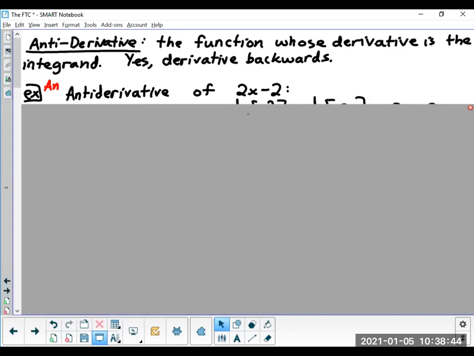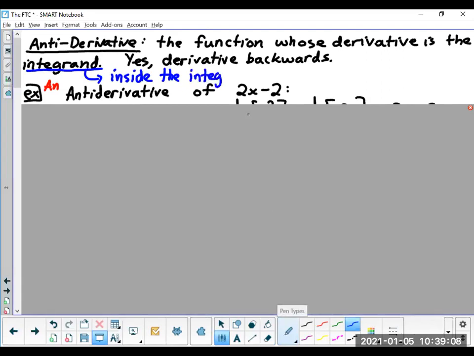What do I mean by integrand? What I mean by integrand is what's inside the integral notation. But we'll come to that.